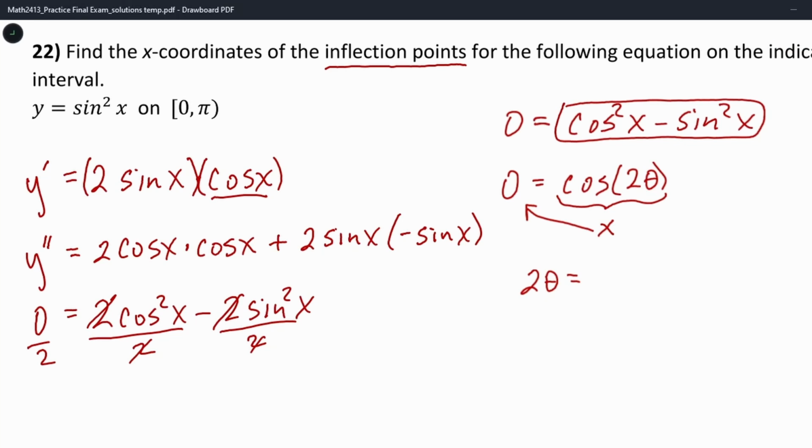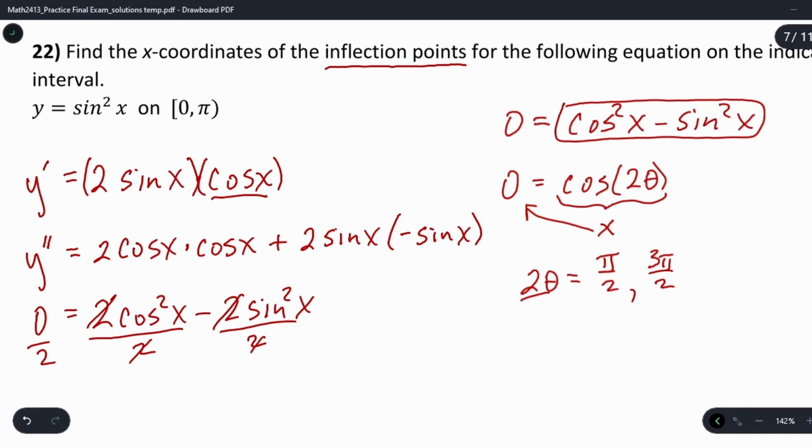We know that in the unit circle, the angles that have an x-coordinate of 0 are pi over 2 and 3 pi over 2. Dividing through by 2, that's going to give us pi over 2 divided by 2, which is pi over 4. 3 pi over 2 divided by 2 is 3 pi over 4.